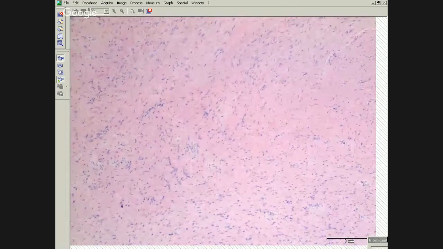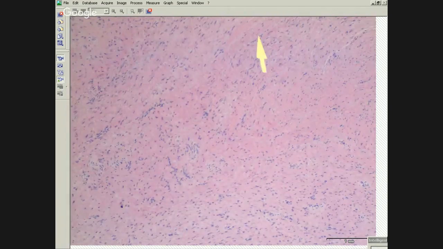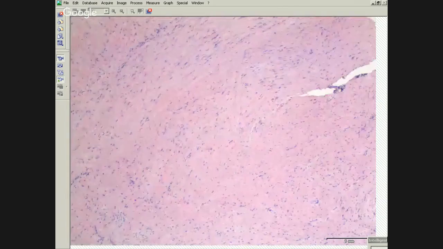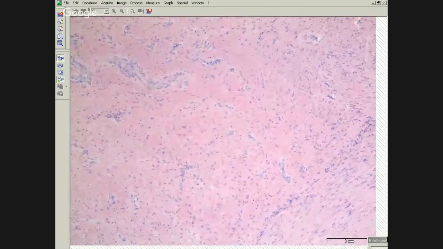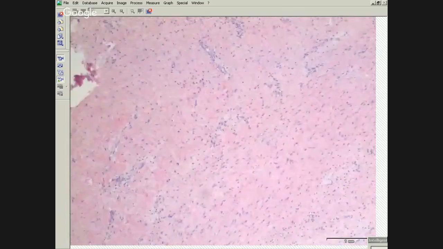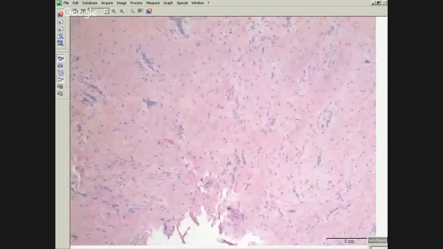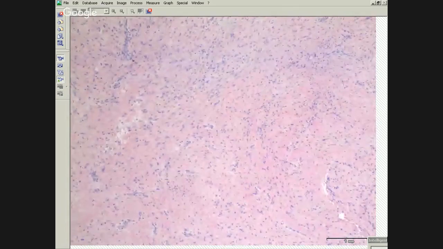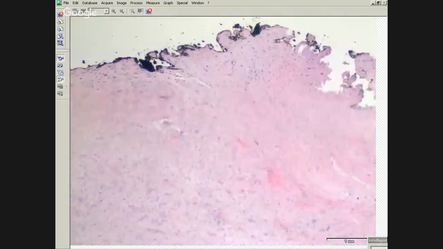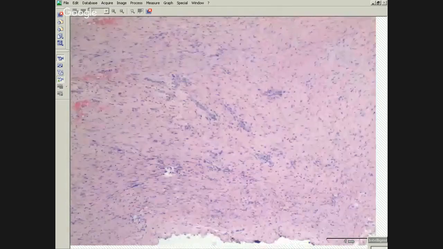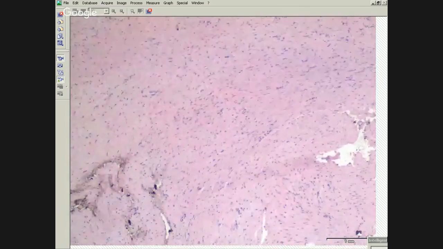Well, certainly that'd be in the differential because you've got kind of these wavy areas, but the neural markers were negative. I will do beta catenin. Ah, yes, it's positive. Beta catenin positive. That's why I'm asking whether it's a fast growth. So it's fibromatosis. Yes, this is a desmoid tumor of the pleura.